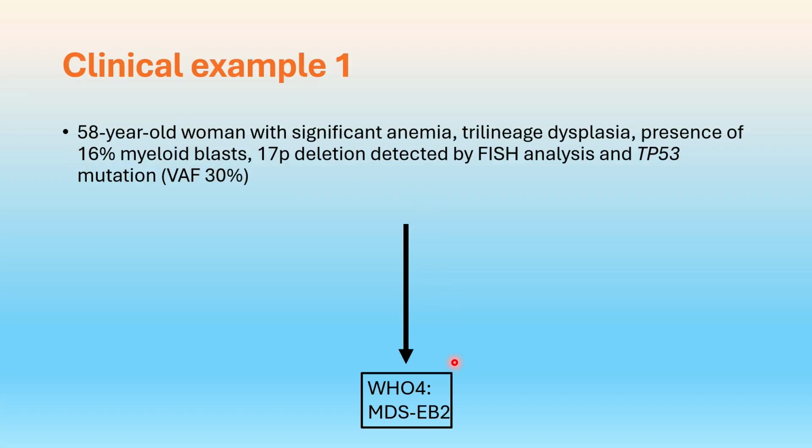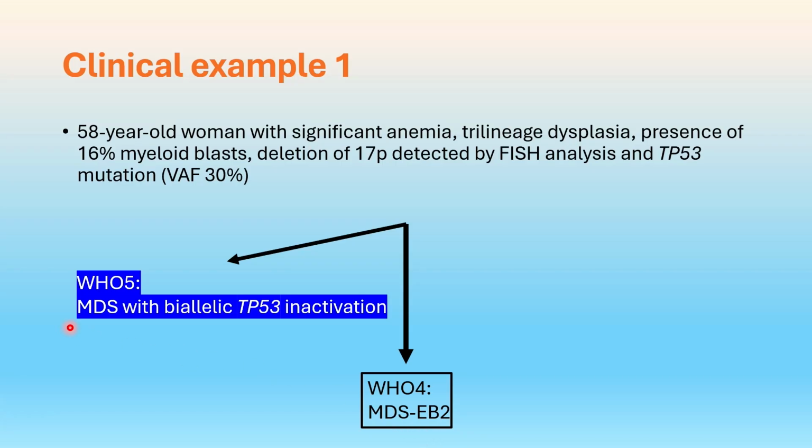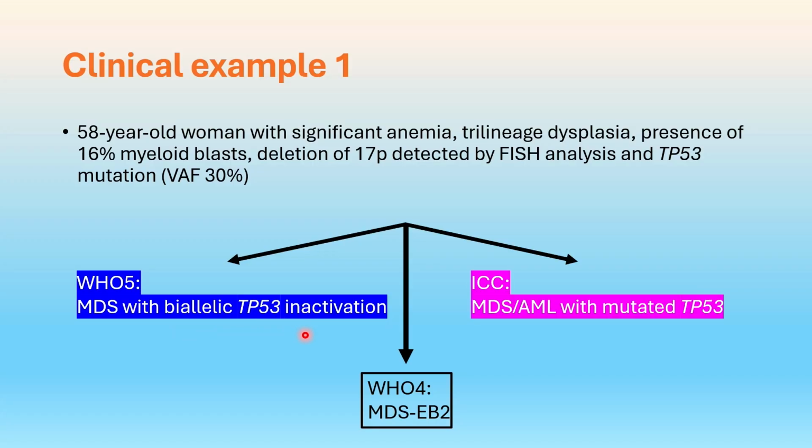Based on the updated WHO 4th edition, this would be called MDS with excess blasts 2. Based on the WHO 5th edition, this will be called MDS with biallelic TP53 inactivation. And the ICC is going to say MDS/AML with mutated P53.